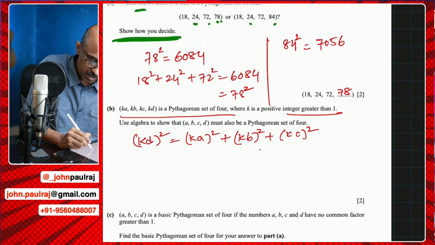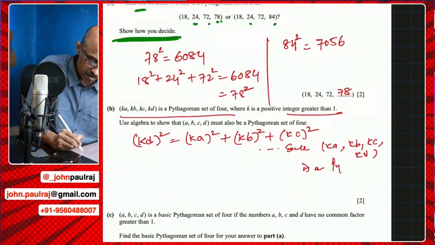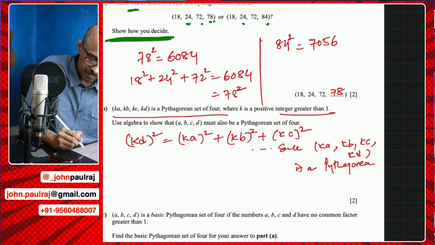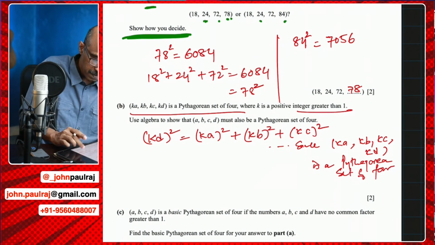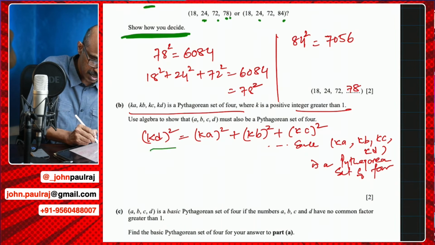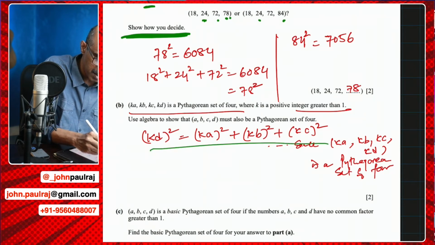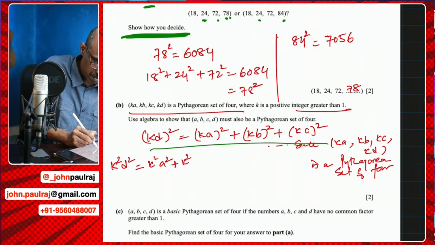Since Ka, Kb, Kc, Kd is a Pythagorean set of 4. Can you guys see what I'm writing? Clear? Once you have this established, then that must be K square D square is equal to K square A square plus K square B square plus K square C square.